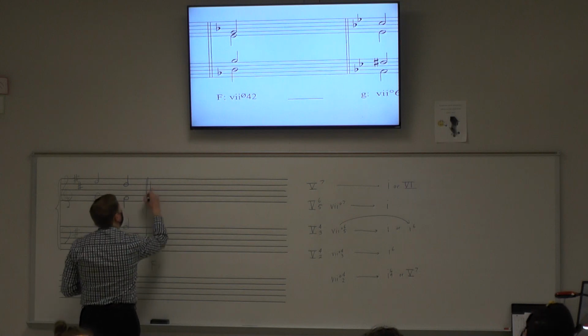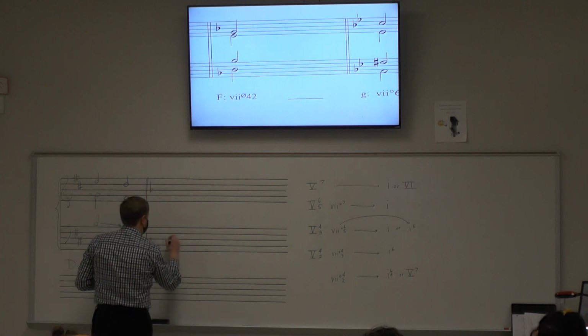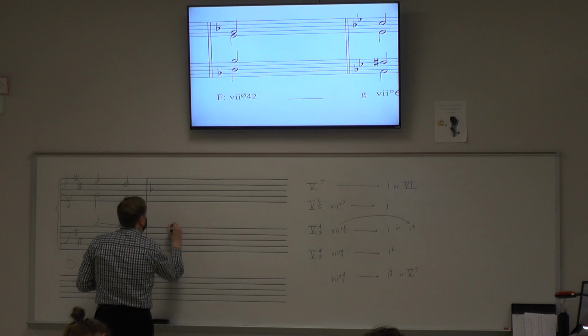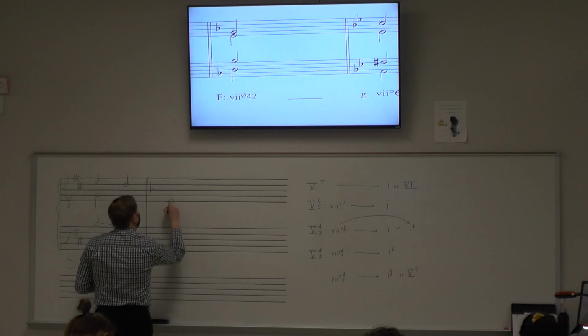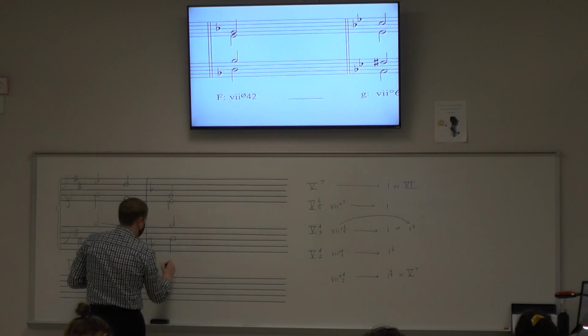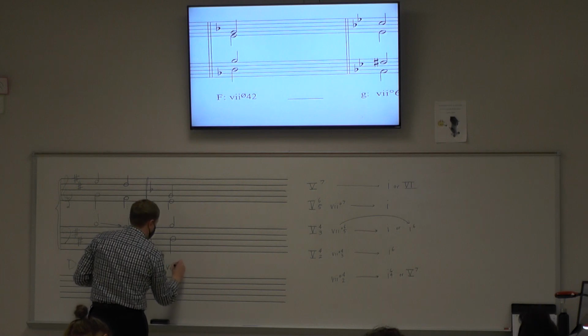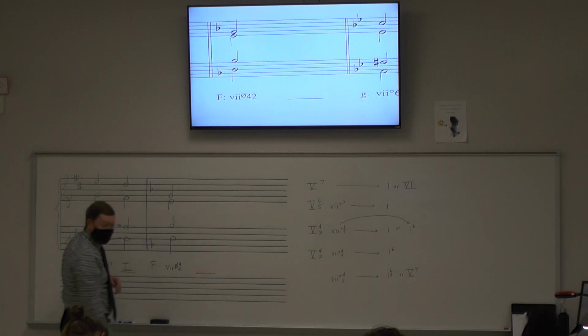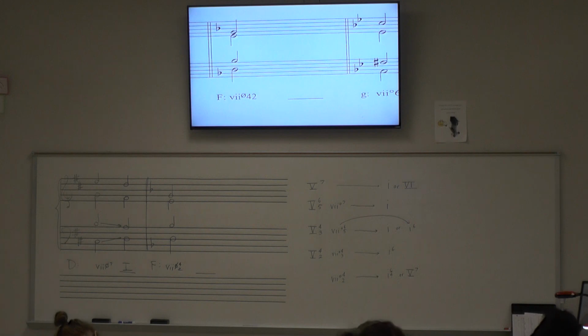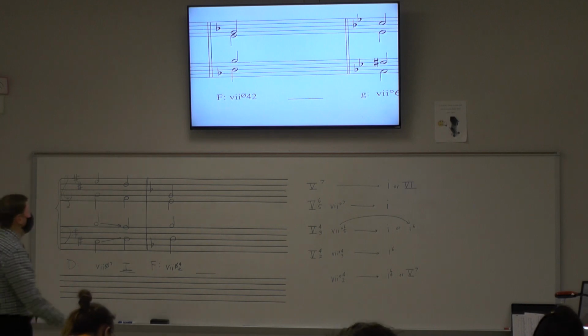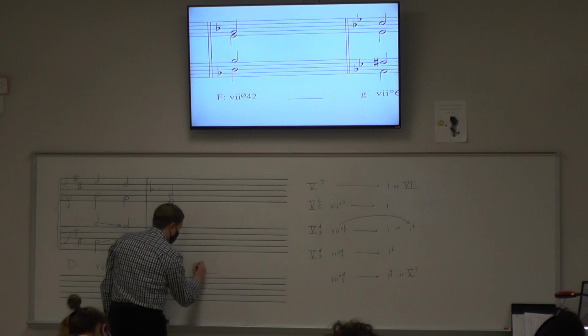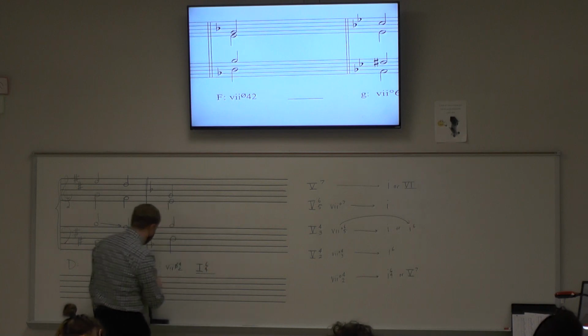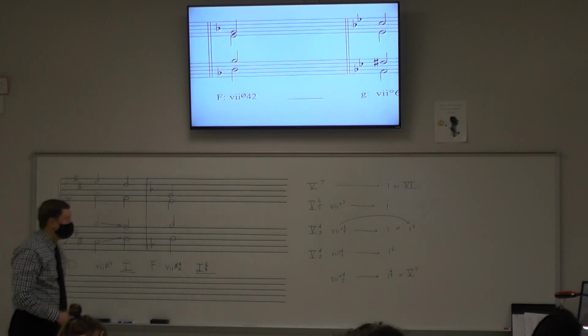You have a choice. vii half diminished 4/2 can either go to I 6/4 or V 5/7. Which one would you like to take it to? I 6/4? Let's do it. Remember, I'm in a major key, so it's capital I.